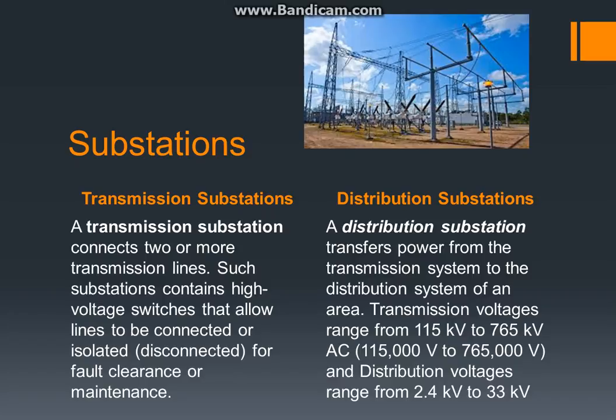Such substations contain high voltage switches that allow lines to be connected or isolated, which is another word for disconnected, for fault clearance or maintenance. This means if a tree falls down on the line, then you can switch it off immediately. And that doesn't help the people with the tree on their line, but it does help the people on the other side, on the other substation, that can get it switched off so they keep their power.